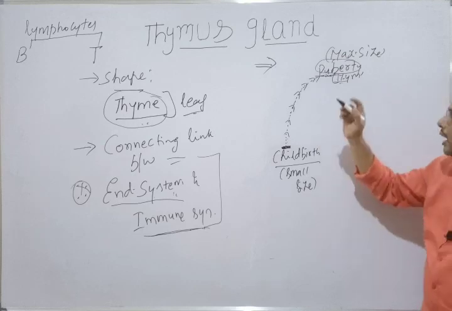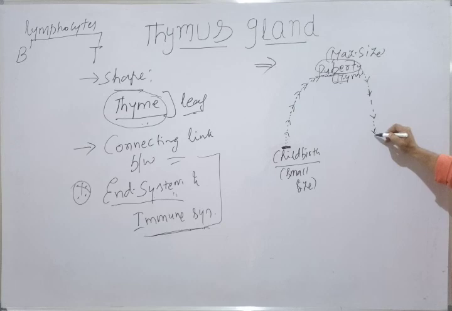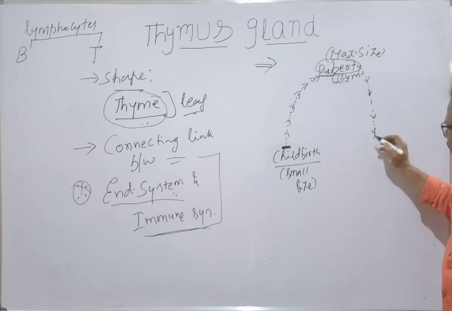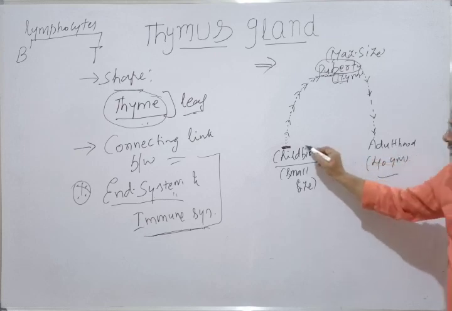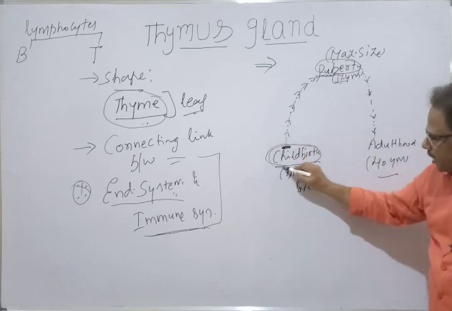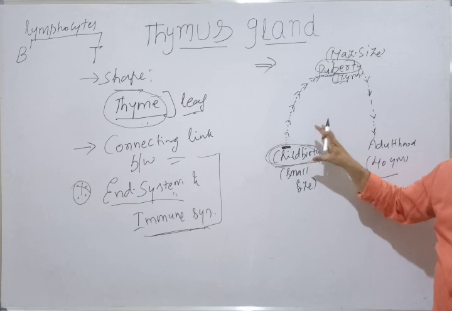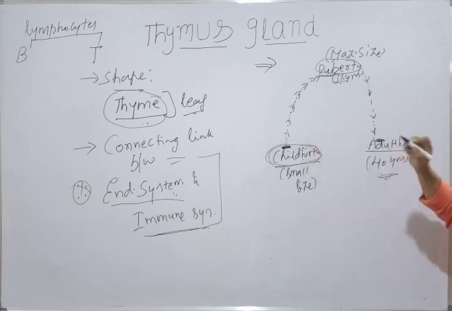And then it shrinks in size, keeps on reducing and comes back to the original position when the person attains adulthood, around 40 years of age, and comes to the size of the childbirth age. The same size is maintained around 40 years of age.